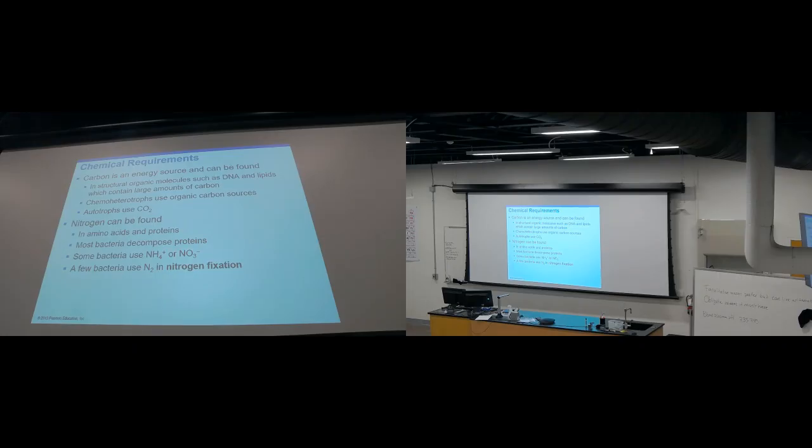So one of these main elements that the bacteria needs to form the structures and then to produce energy will be carbon. Carbon is a component of nucleic acids, carbohydrates, lipids, and proteins. So thus it makes sense that carbon is needed the most.